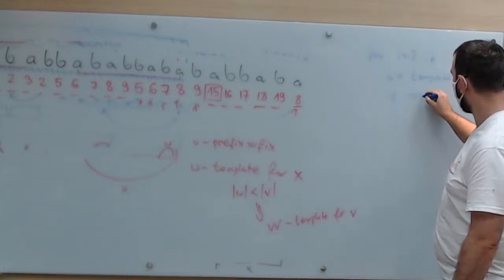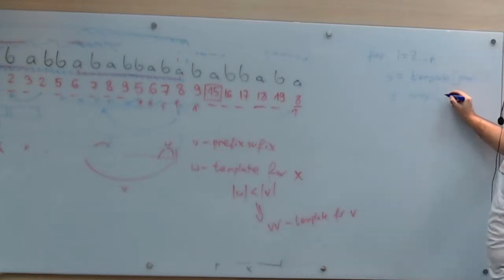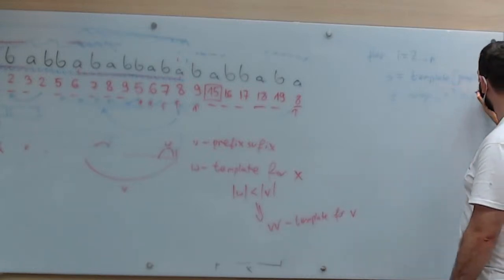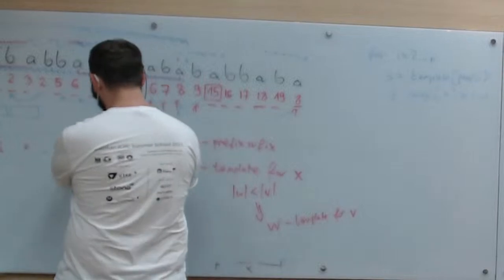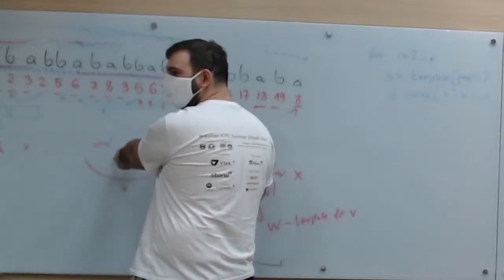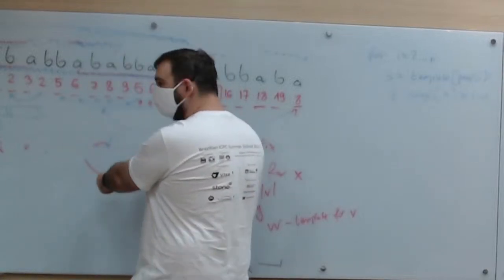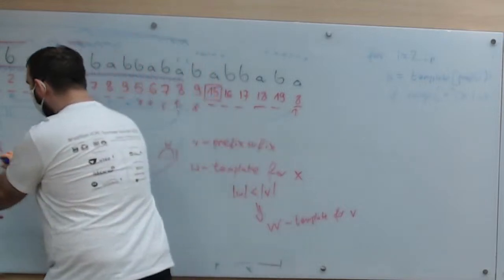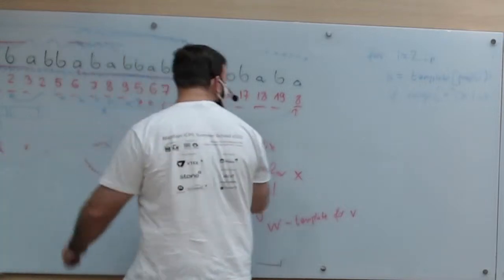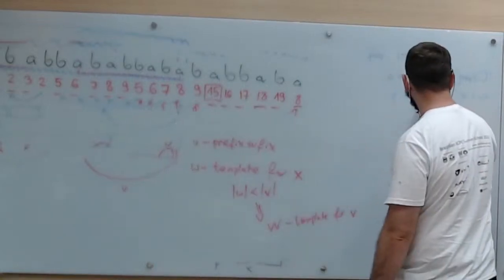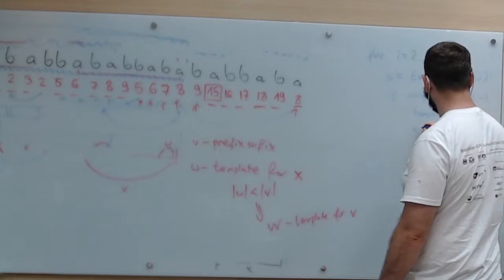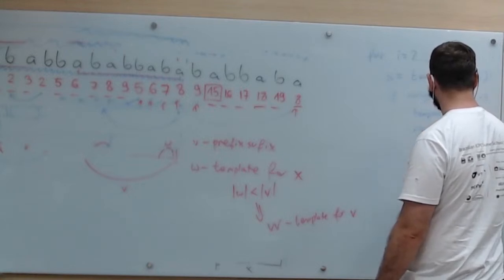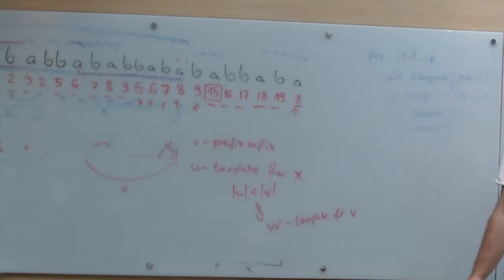If the range of S is at least to my prefix suffix, so if I'm basically covering everything except for the length of the template, then there's another instance of that I know will also be here because it's a prefix suffix, then template of i is S and range of S is i.